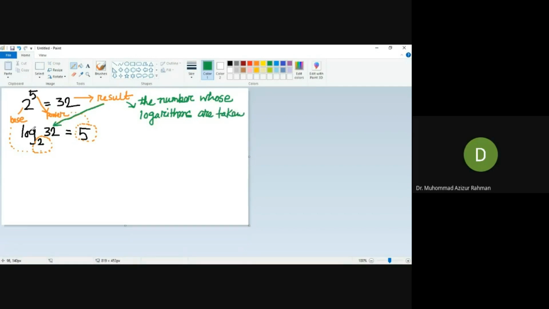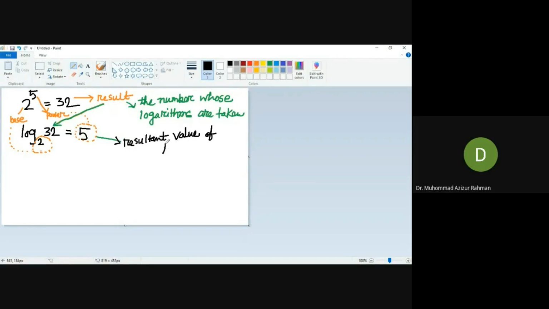If we take the logarithm of this one, we get 5, which we call the resultant value of the logarithm. Five is the resultant value of the logarithm.